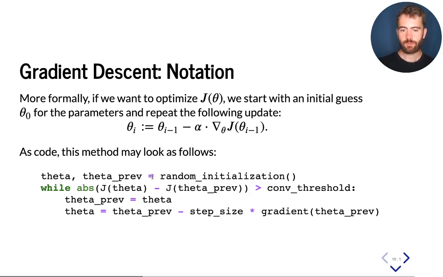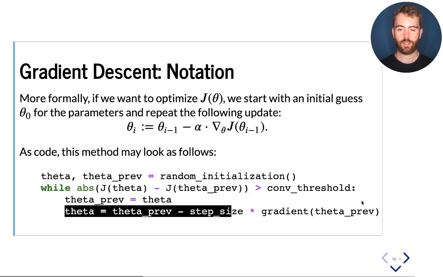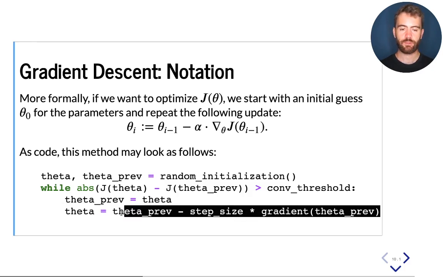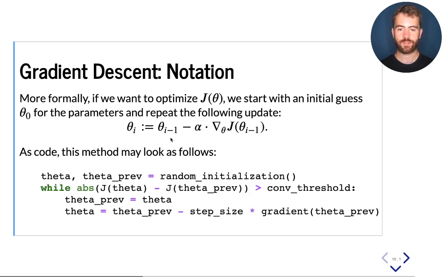If I were to define this in pseudocode, it would look something like this. We start with an initial guess for what theta is, and then we keep performing this update rule, which you see here, until we are at a point where the function is no longer decreasing. Essentially, until the change between two consecutive iterations is sufficiently small, we keep applying this rule, which again is an analog of this rule.